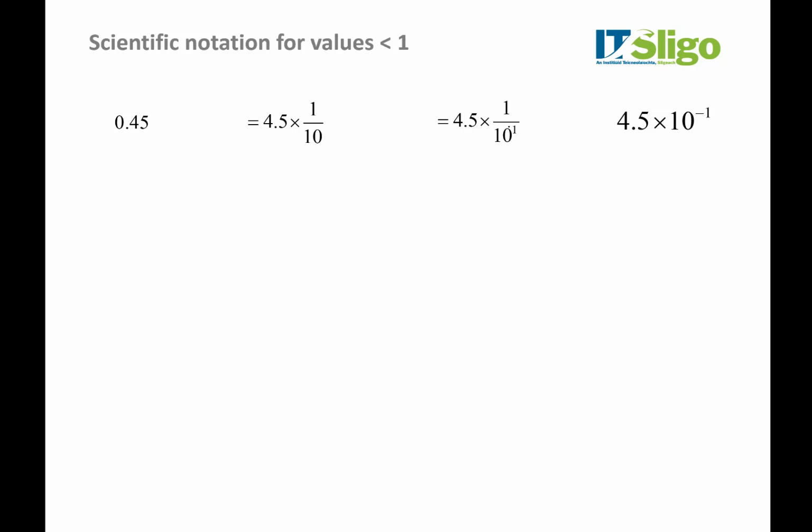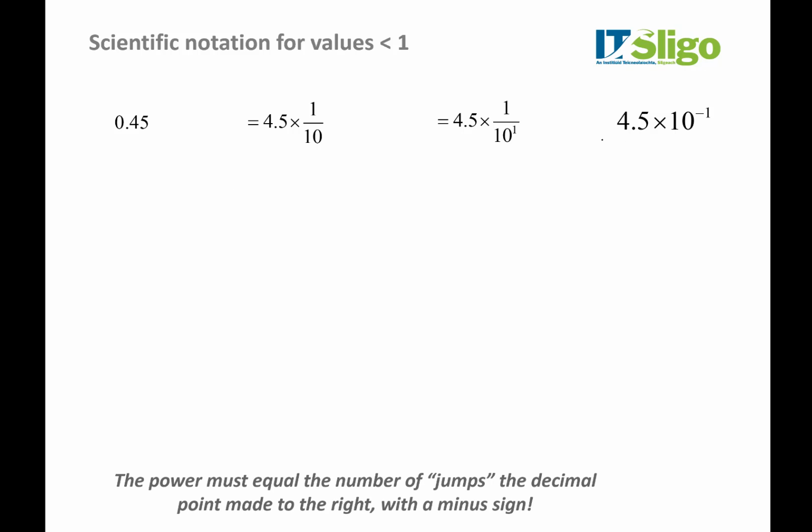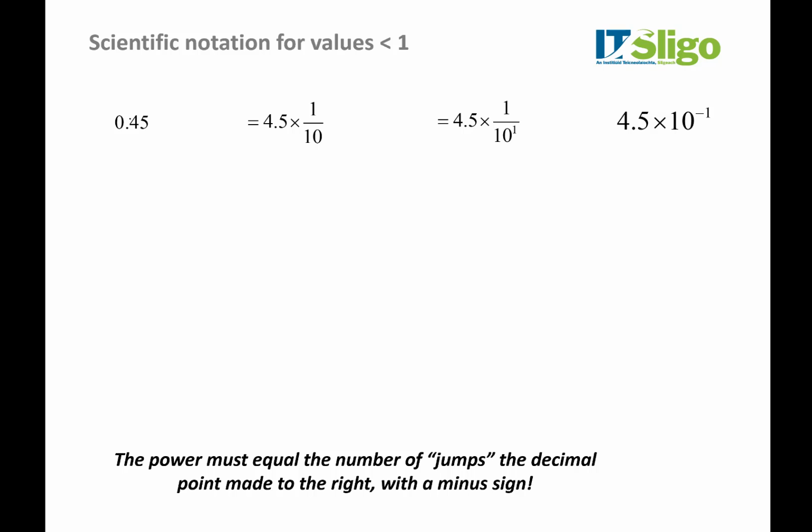So 0.45 written in scientific notation is 4.5 by 10 to the minus 1. And note, the decimal point has hopped to the right one place. And because we're hopping to the right, we subtract 1 from the power.